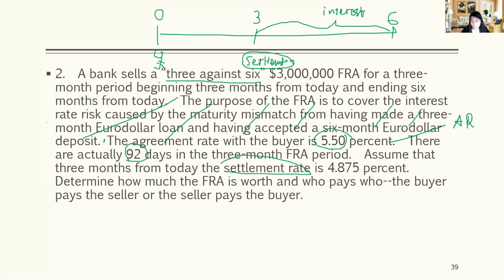The settlement rate is the actual interest rate that you observe in the market at this point in time, so this is something similar to ST. Determine how much the FRA is worth and who pays whom. I'm going to summarize the information first, and then we can take a few minutes to compute the answer.